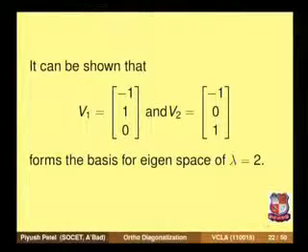When you compute the eigenvectors for lambda equal to 2, we get two linearly independent eigenvectors: v1 is equal to minus 1, 1, 0 and v2 is equal to minus 1, 0, 1. Here 2 is repeated 2 times. Therefore we apply the Gram-Schmidt process on these two vectors v1 and v2 to get the orthonormal eigenvectors corresponding to the eigenvalue lambda equal to 2.